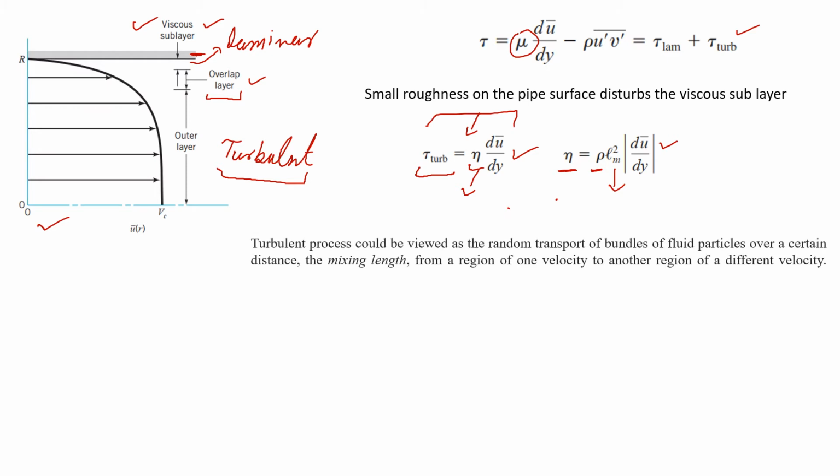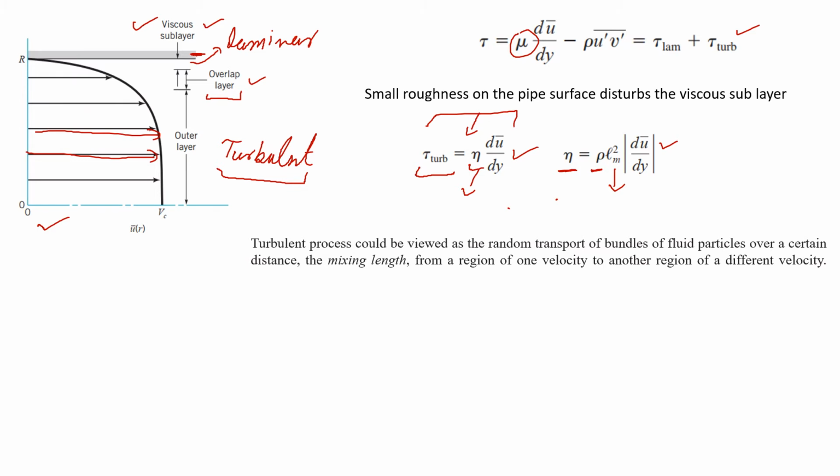So what he said is that in a turbulent process, the fluid particles travel in bulk from one layer to another, means that this is one layer of fluid and this is another layer of fluid.